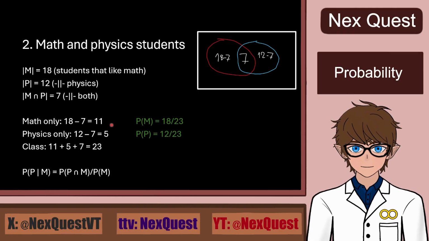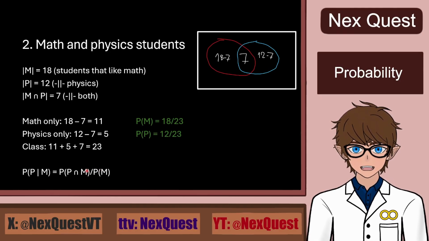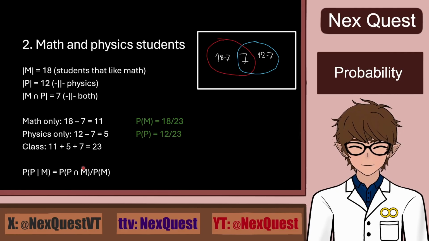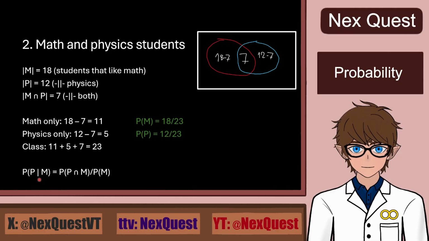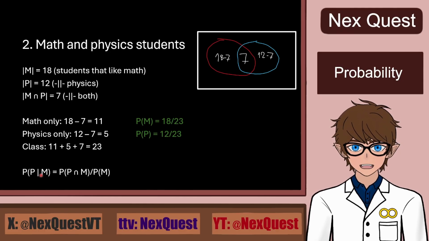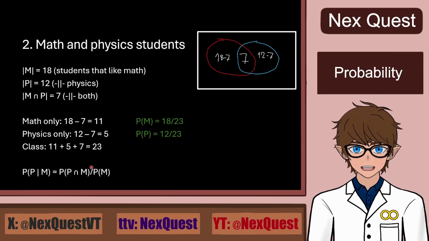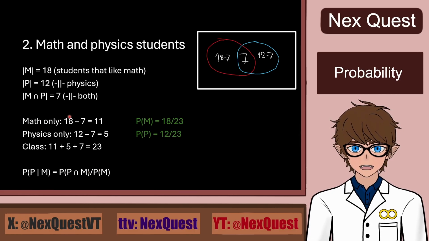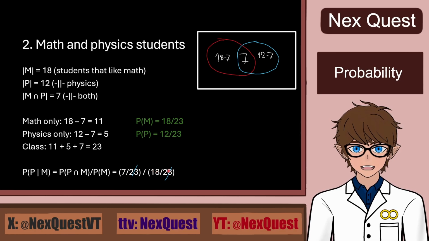Now for the conditional event, so there is an overlap between the two groups, we will use the formula with the overlap over math. So physics if math has certainly happened. I think that's what the task wanted from us. Anyway, we take the probability of the intersection divided by the probability of math, and we get 7 divided by 23 divided by 18 divided by 23.